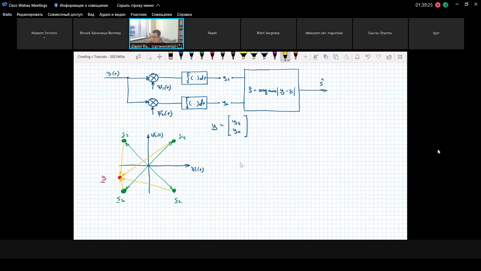Then we choose such a candidate that corresponds to the minimum possible length. Then you see the actual length between vector y and s1 will be smallest. And as a result, we take candidate s1. For this case, we take S1 as our decision of what was transmitted, because it's closer to what we have received. And this closeness we evaluate by analyzing the absolute value of the difference.